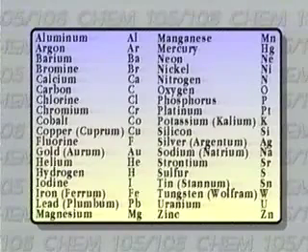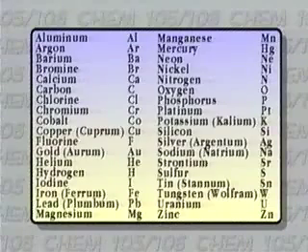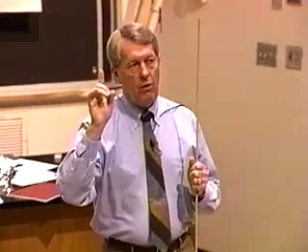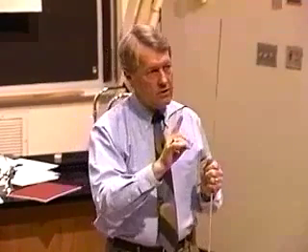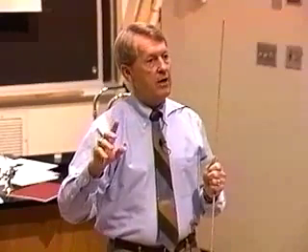The first and second letter of the name. Okay? And that's true. A lot of the elements we use the first and second letter of the name. But one thing is important, and that is that the first letter is uppercase and the second letter is always written as lowercase.